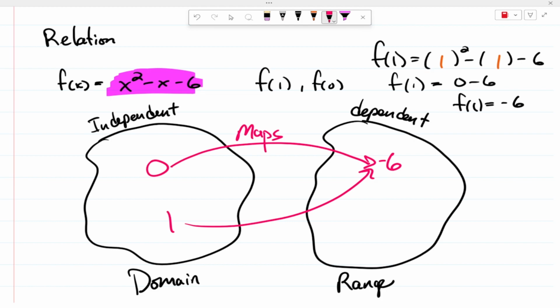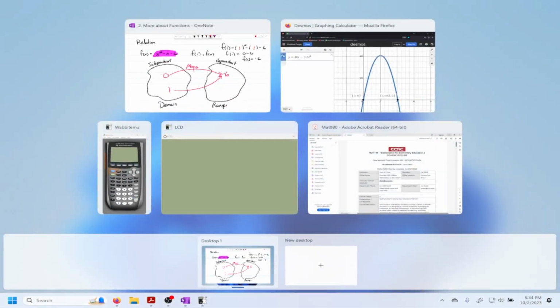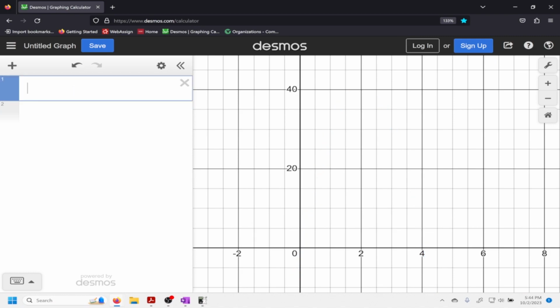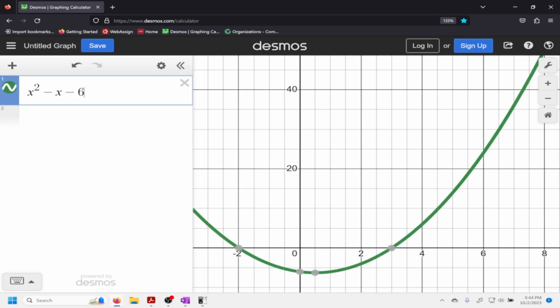Now, let's see if this even makes sense. So let's go ahead and graph this. So we've got x to the second minus x minus 6. All right, give me 1 second here. I'm going to just type in these values. So we've got 0, comma, negative 6. All right, we're going to label it.